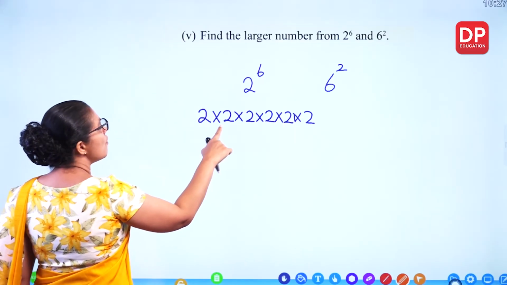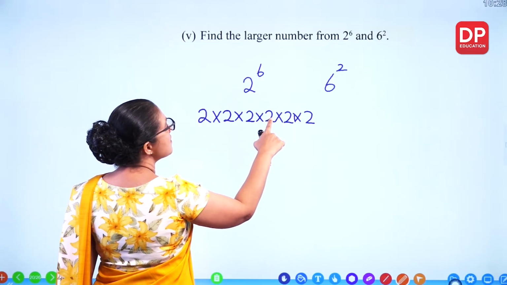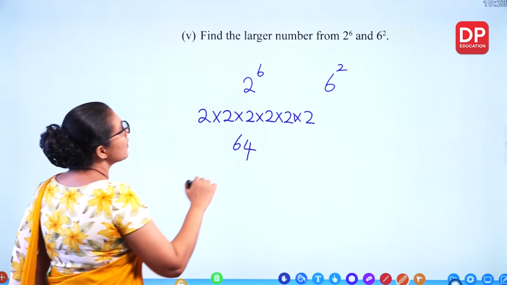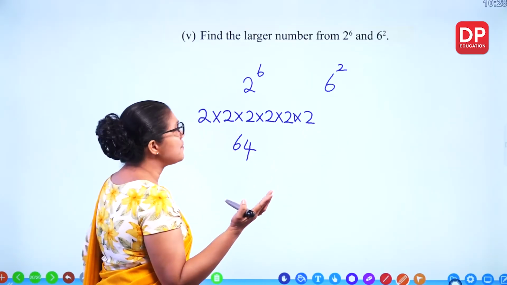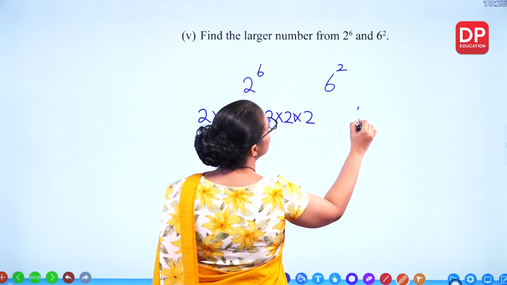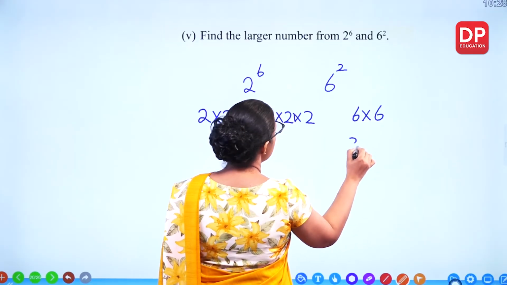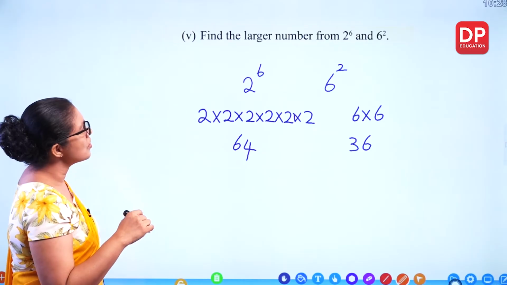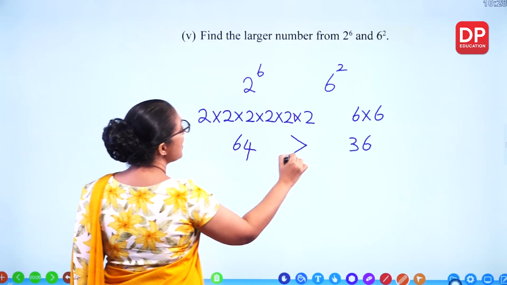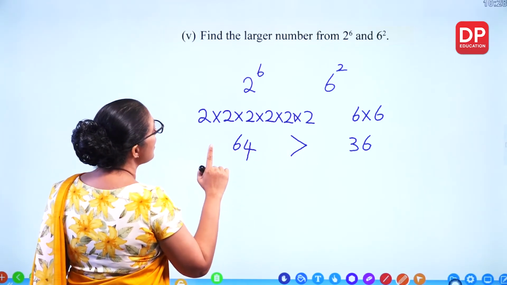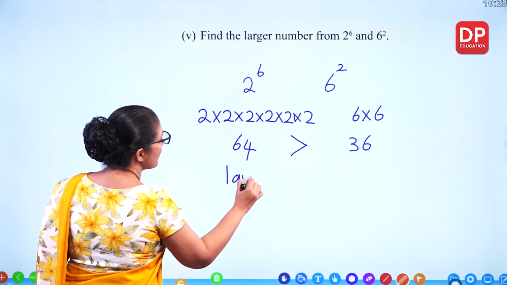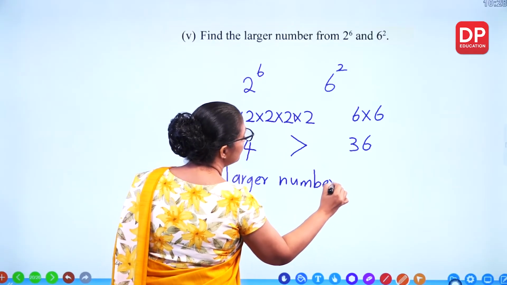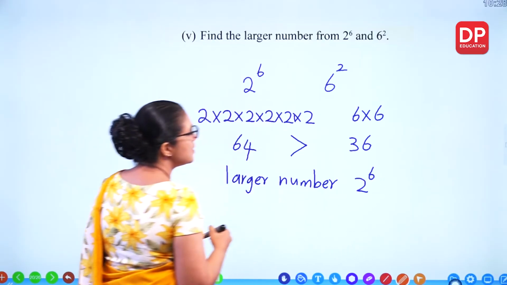What's the number? 4, 8, 16, 32, 64. 6 squared, 6 times 6, 36. Which one is larger? 64 is bigger. So the larger number is 2 to the power 6.